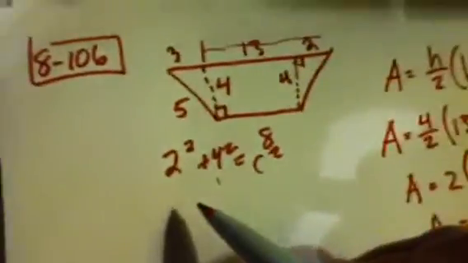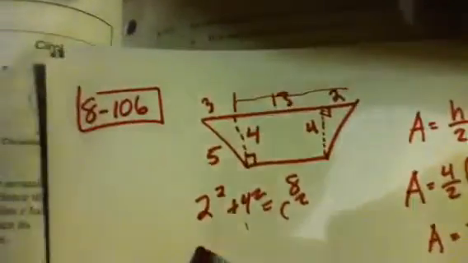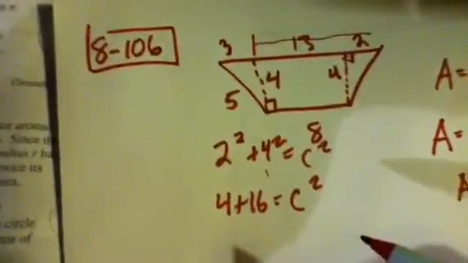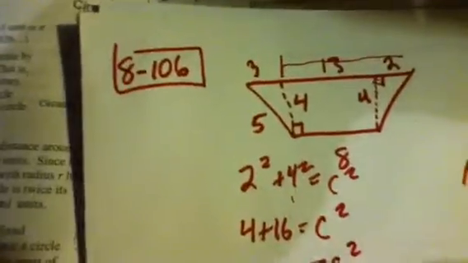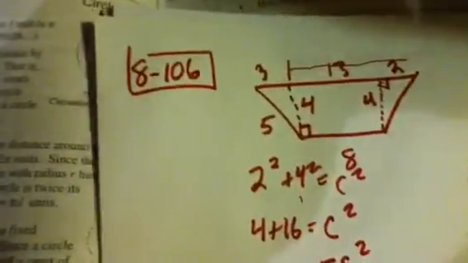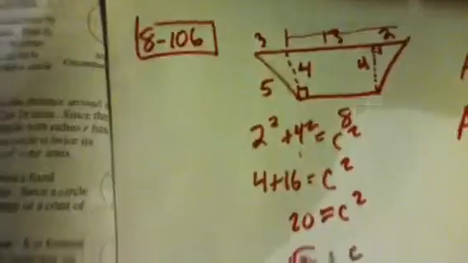So 2 squared, well, 2 times 2 is 4, 4 squared is 16, 4 plus 16, that's 20, equals c squared. So square root of 20 is c.